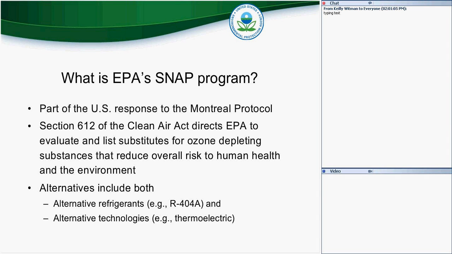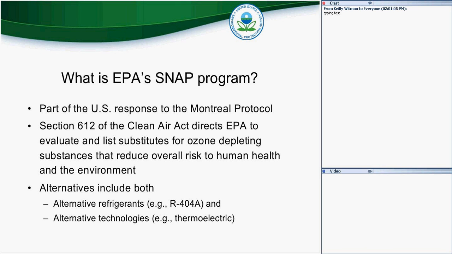Back when the Montreal Protocol was signed in 1987 to help protect the ozone layer, there was a realization that the U.S. was going to have to update the Clean Air Act and include support for that.